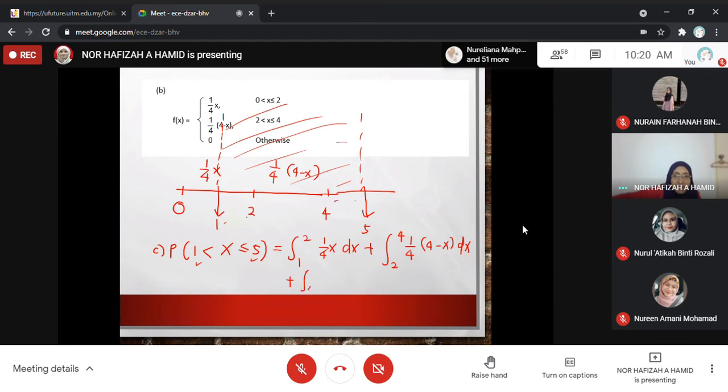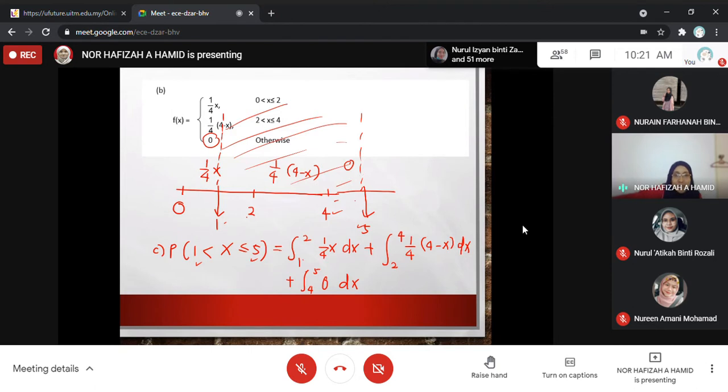Okay, so 4 until 5, and then the function dia we consider as 0 lah, 0 dx. Sebab kita ada satu function yang untuk 0. 0 tu for otherwise. Otherwise tu selain daripada yang interval ni. So maknanya untuk 4 until 5, dia function ni is equal to 0.